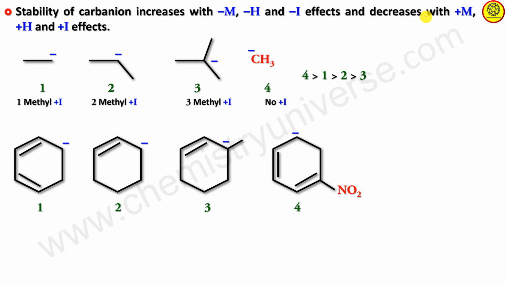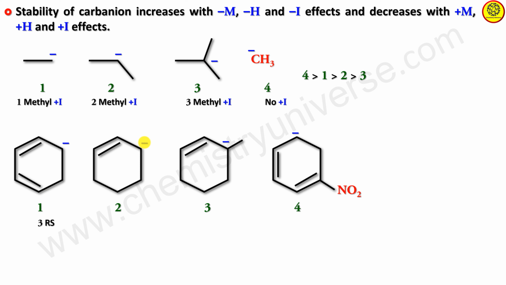Now if you look at the first one, here you have one structure which is this itself, and then it has some resonating structures. This negative will go here and the double bond will go here. So you get the second structure with minus here, then the minus comes here and this will move here and the minus moves here. So how many resonating structures do we have? We have 3 resonating structures.